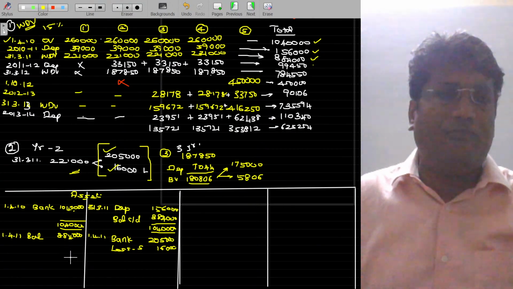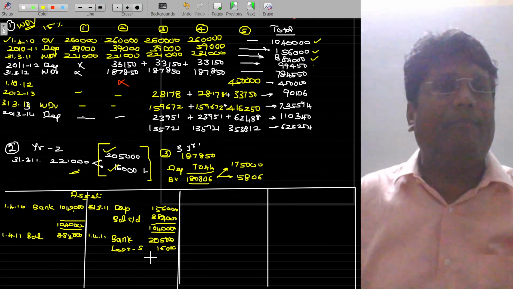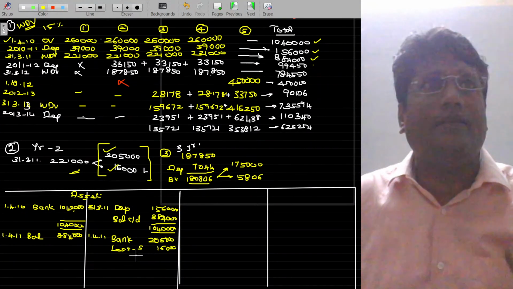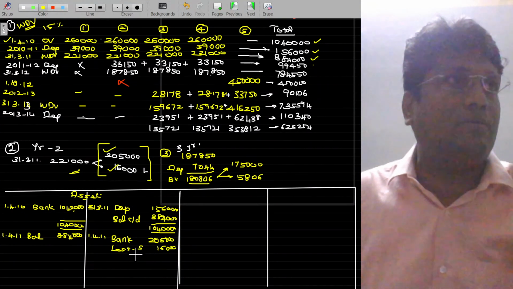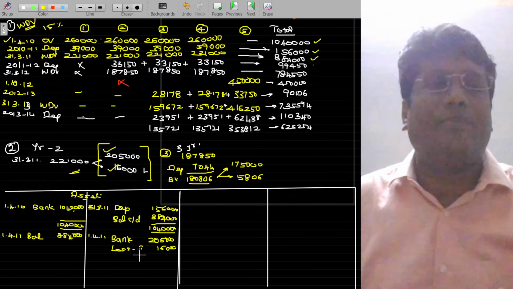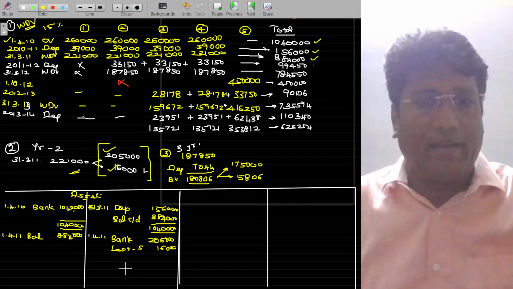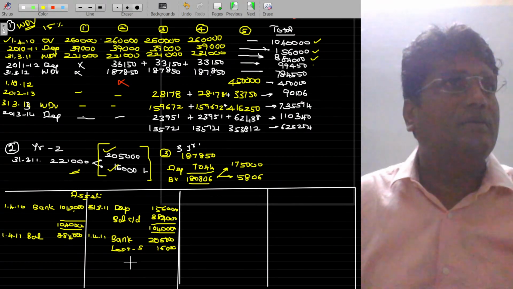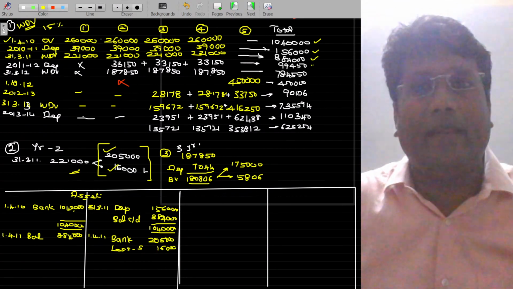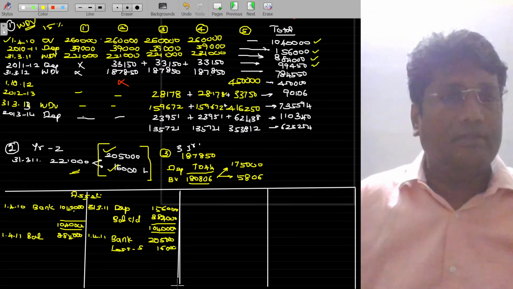Remember, from the 8,84,000, if I subtract these two, whatever balance I get is nothing but the balance of all the existing assets before the depreciation. On that also you can directly calculate the depreciation. See that 8,84,000 minus 2,21,000. For that, if you calculate 15%, that amount of depreciation should be 99,450. Cross verify that.